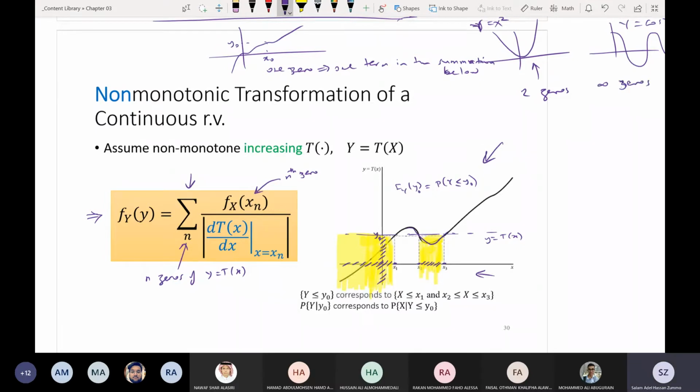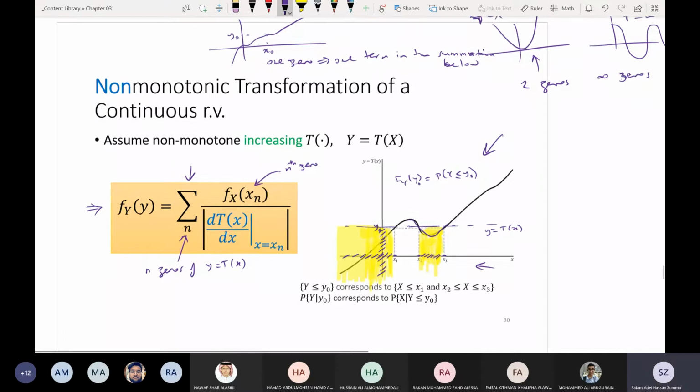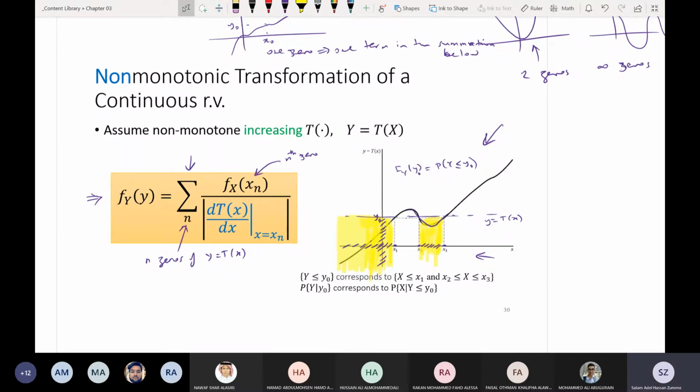The point is, I sum over all the zeros of this equation, y equal t of x, and then I have fx evaluated at xn divided by the derivative of t(x)/dx evaluated also at x equal xn, where xn here is the nth zero of y equal t of x.